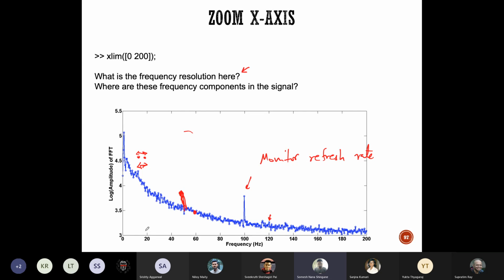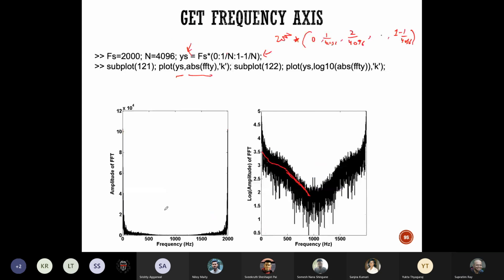Well, each point is some frequency, right? So here, these are 4096 points, and I'm asking what's the distance between YS2 and YS1, let's say. What's the spacing in frequency between any two frequency values?